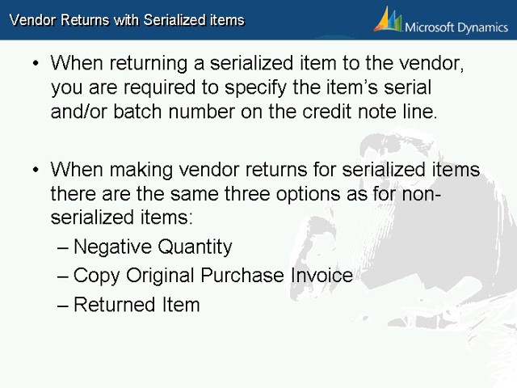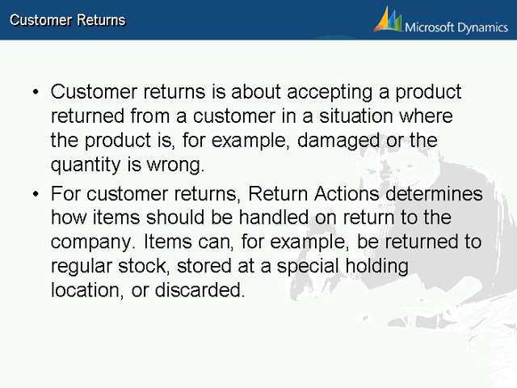So the way to create a return purchase order for serialized items is the same, except it is necessary to identify the serial and batch number which you are going to remove from inventory dimension, which you are going to return to your vendor.